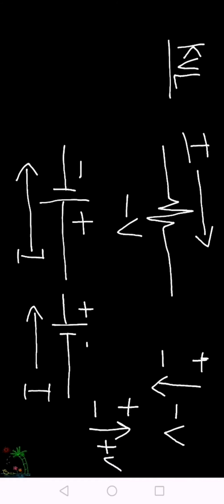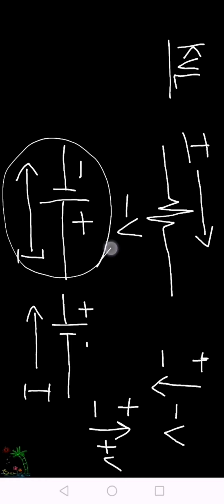So let's go back to this diagram. The current flows from high potential to low potential, so from positive to negative. So this battery reduces the energy of the charges. So it has negative voltage.